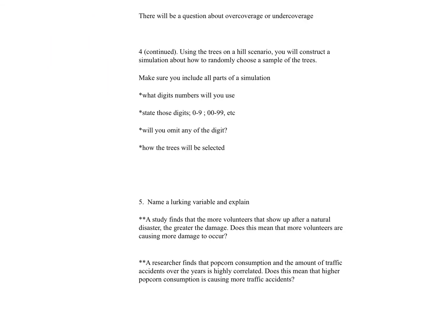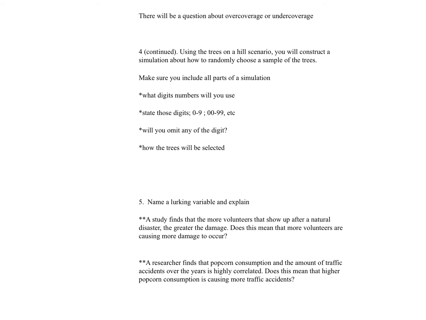Now, there will be a question about undercoverage, overcoverage with that tree problem as well, which you'll be able to see. With the tree question, I will also ask you this.